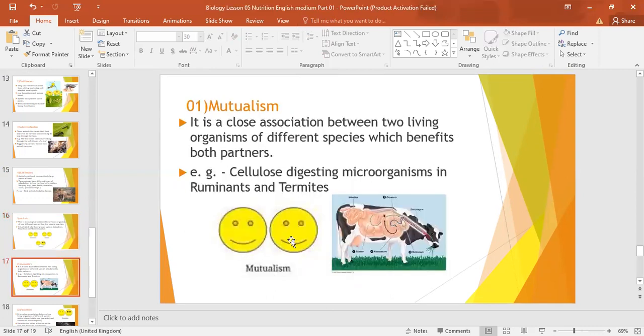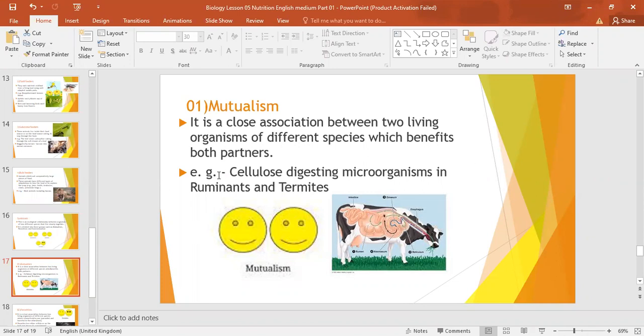Both are smiling. Why? It is a close association between two living organisms of two different species which benefits both partners. Therefore, both are smiling. Example: cellulose digesting microorganisms in ruminants and termites.